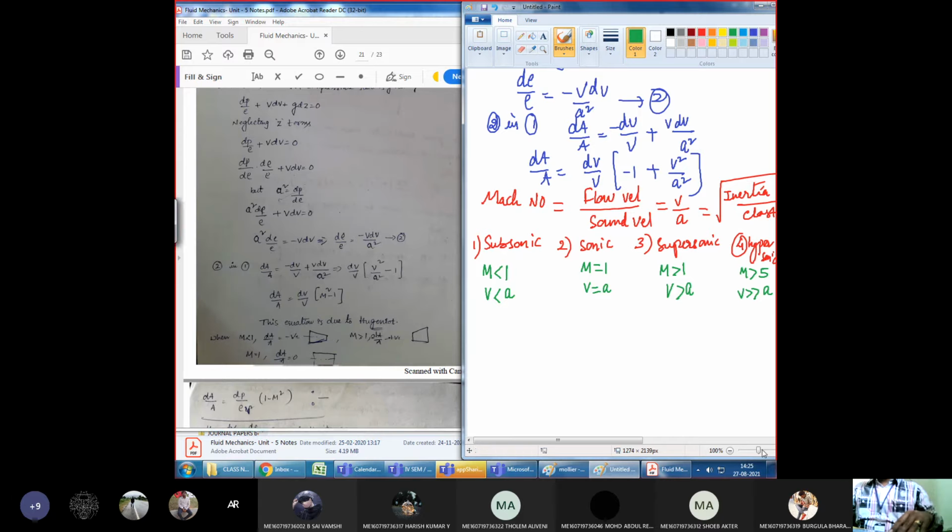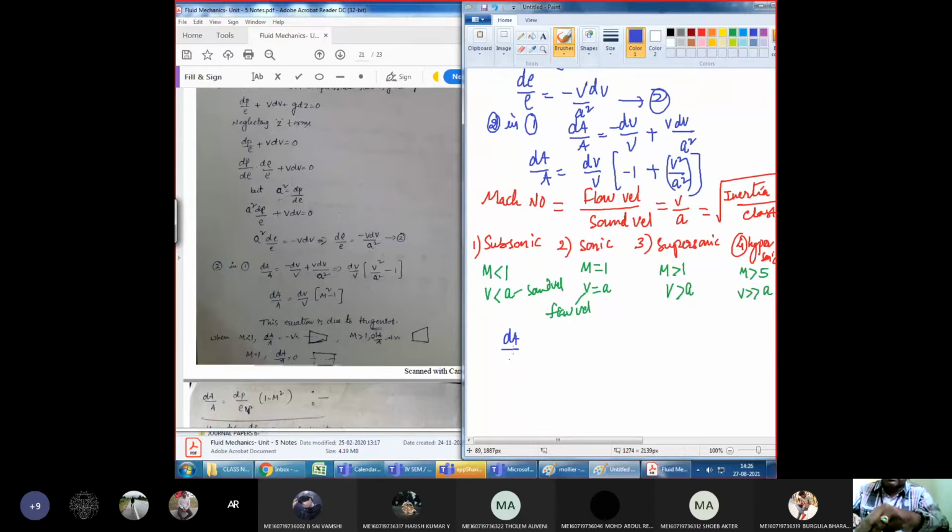Now remember the definition of Mach number. Subsonic means Mach number less than 1, meaning the flow velocity or local velocity is less than the sound velocity. Here A is the sound velocity, and V is the flow or stream velocity. In case of a nozzle, we call it the stream velocity.